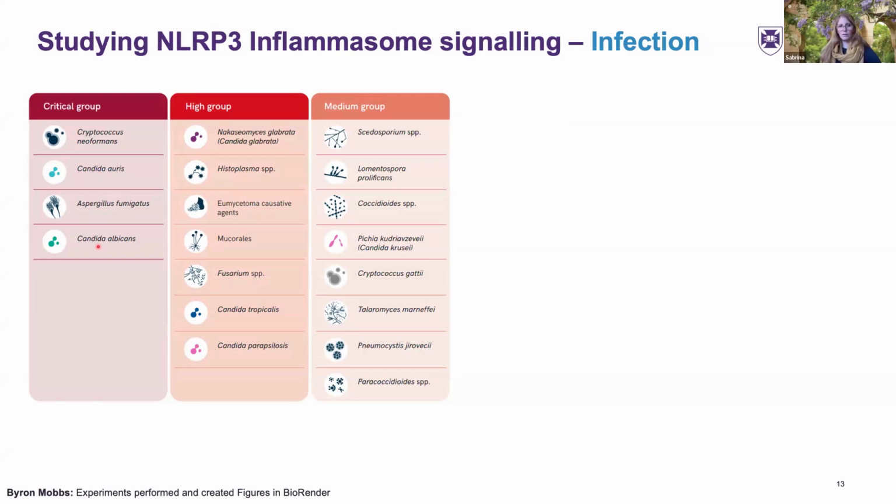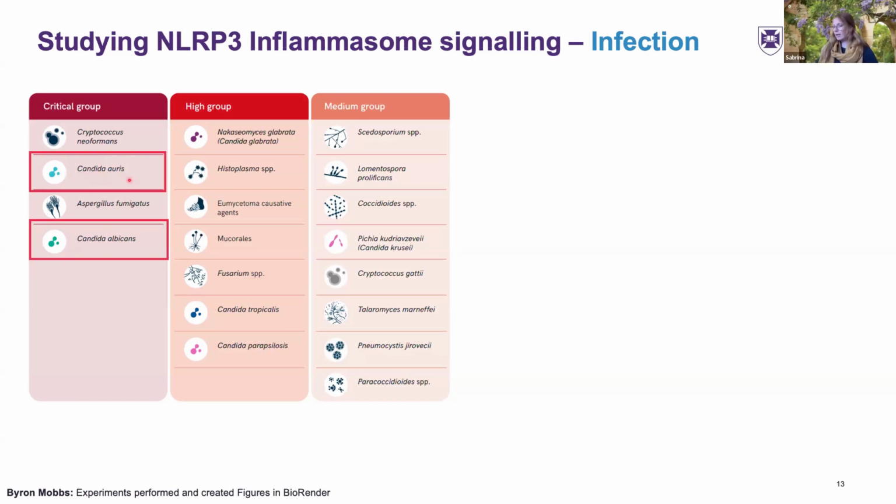These are fungal infections that have shown a high increase in prevalence and disease severity over the last couple of years, mainly due to resistance to current antifungals. Two of them in the critical group are Candida auris and Candida albicans. They're quite interesting to us because these solely rely on NLRP3 to be activated. So in our immune system, only NLRP3 can actually help us to clear this infection.